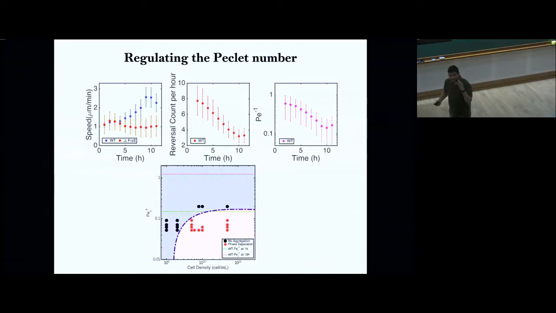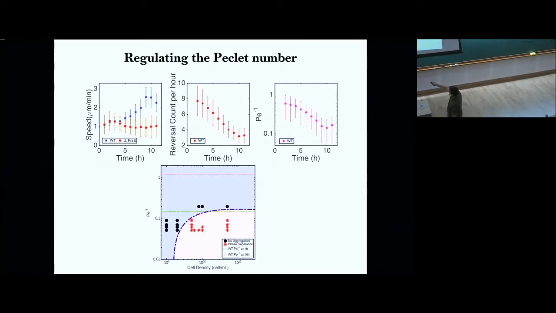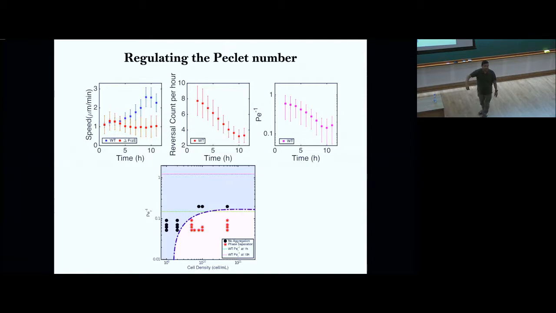We are able to track their individual motility using this fluorescence technique that I showed you. And if you look at the speed of these wild type cells as a function of time, starting from the moment that they are starved, it continuously increases. So they go faster and faster as time proceeds, whereas these mutants don't. And the reversal rates fall off as a function of time, right? As a combination of these two, the Peclet number falls off in time.